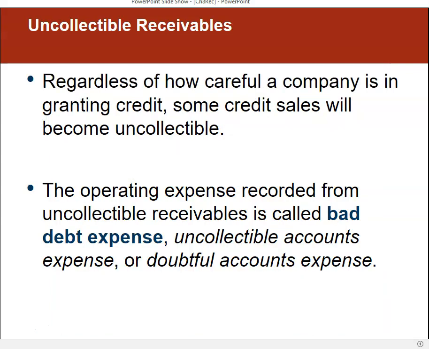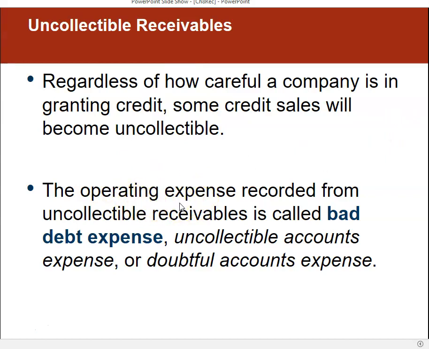Okay, so we've covered the first part of this slide here. When this happens, I want you to understand, we are talking about receivables. Receivables are on the balance sheet. But when we have a debt that is not paid to us, we are going to have an operating expense.